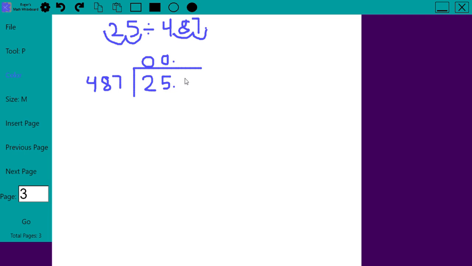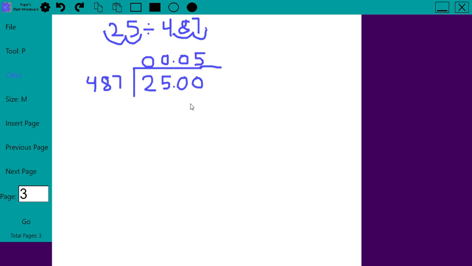We'll say this is 250. 487 still doesn't go into 250. Add another 0. How many times does 487 go into 2500? It goes in 5 times.